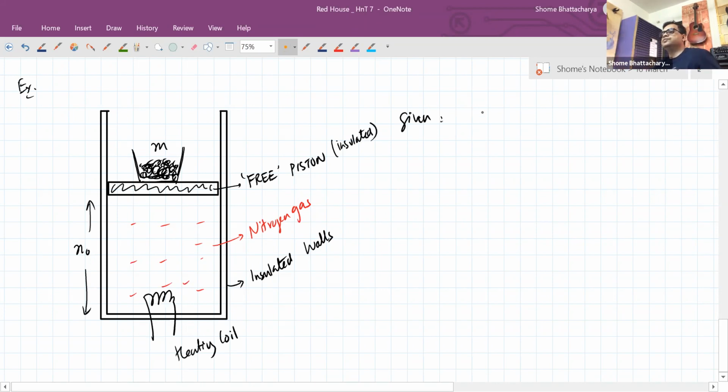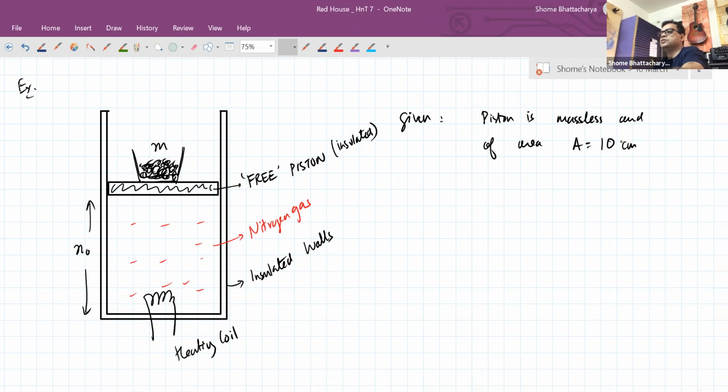Okay. So given the piston is massless, and of area 10 centimeters square, or let's make that 100 centimeters square.